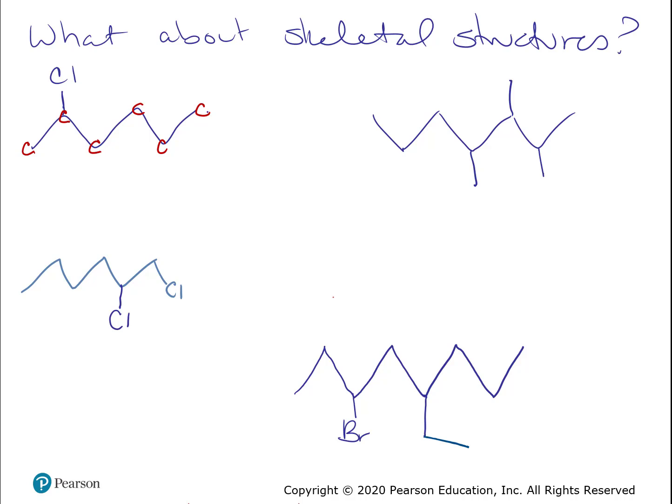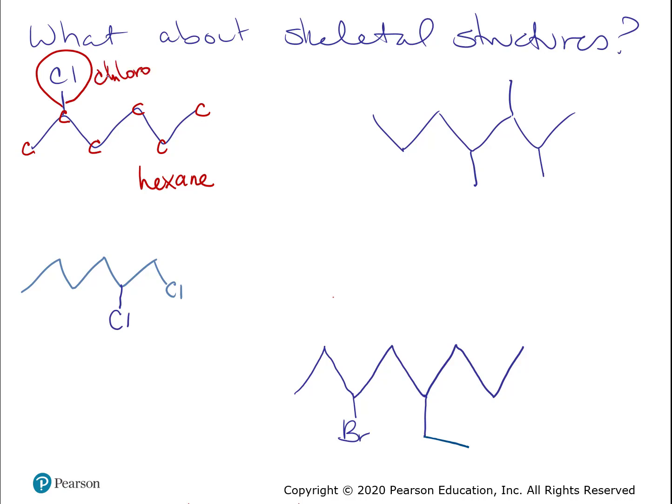So what's that long chain? This is a what? Hexane. Right? 6 carbons in the chain. Notice that there's no options. It's really just those 6 in a chain. But this is a chloro.